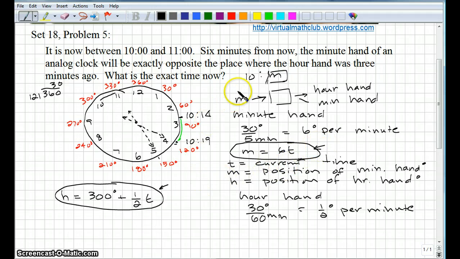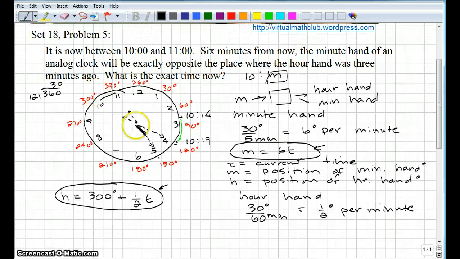Alright, so let's go back up to our problem statement. The problem statement says that 6 minutes from now, so that's t plus 6, right? So I'm going to write h for t plus 6, I'm going to make it a subscript for now, is equal to the position of the minute hand of the clock, actually, you know what, I wrote that wrong, didn't I?